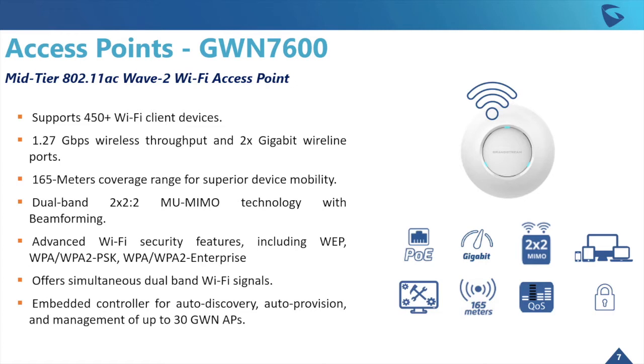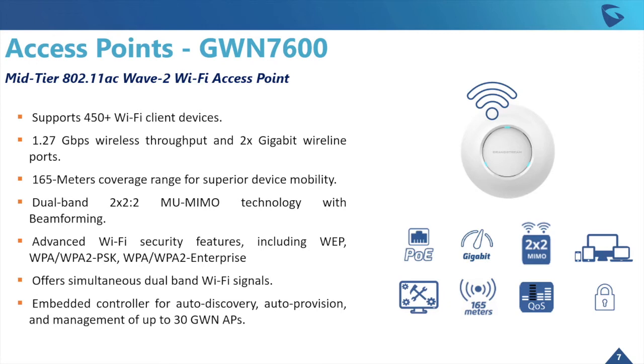GWN 7600 supports more concurrent clients compared to GWN 7610. This model can provide wireless connection to more than 450 concurrent clients and provides an aggregate throughput of 1.27 gigabits per second, which makes it an ideal solution for high-density environments.